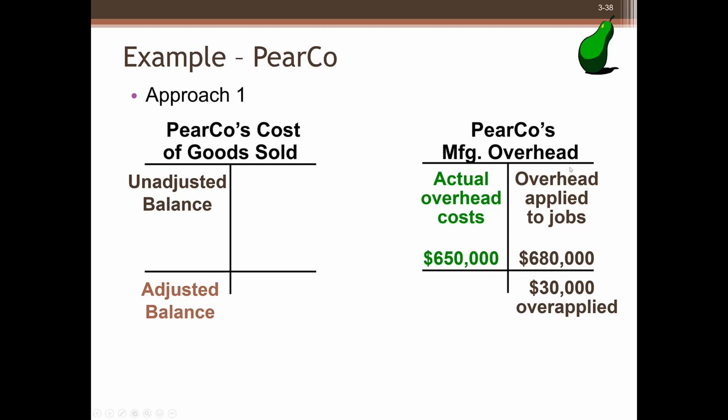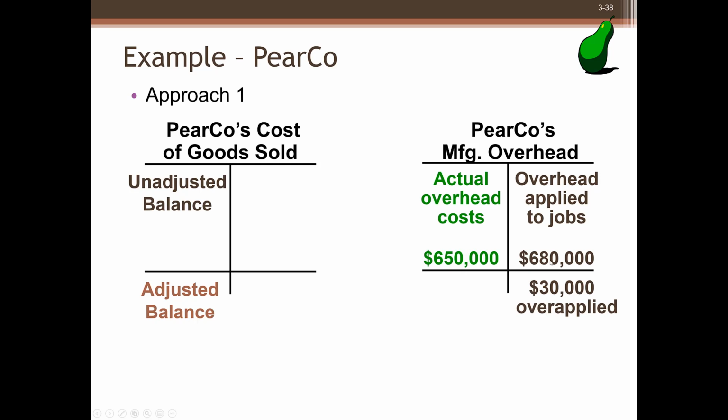Let's take a look at the account for manufacturing overhead of Perrico. On the left-hand side, that's actual overhead costs, 650,000. And we have applied overhead, which is calculated, 680,000. Again, applied overhead is more than actual, so it's over-applied.